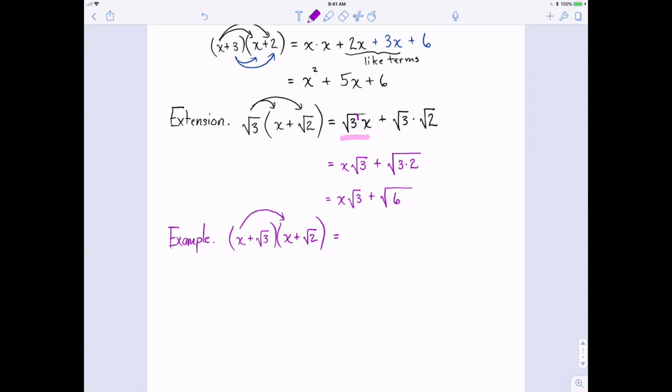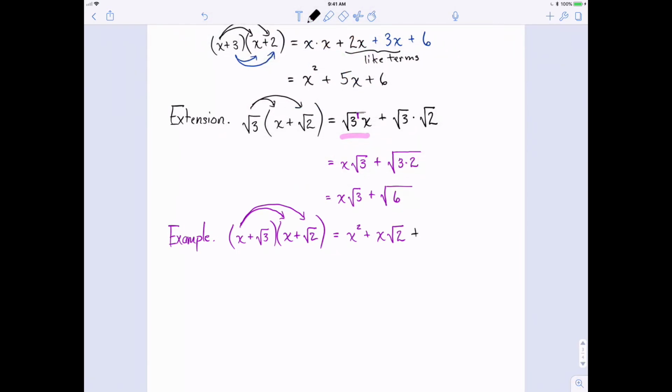We distribute the x, so I have x times x, but we already figured that out, that's x squared. And then x times the square root of 2, so we'd write x square root of 2, plus, now let's go back to our black, so plus, now I have a square root of 3 times an x, and I'd write x square root of 3, just like we did above.